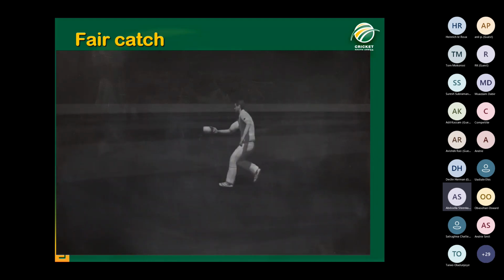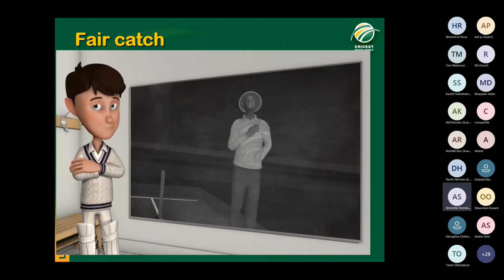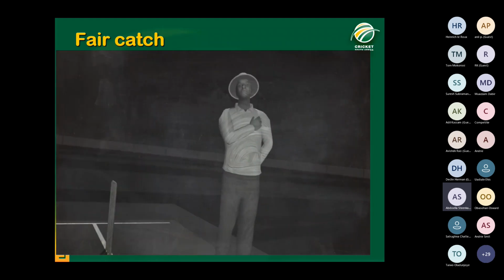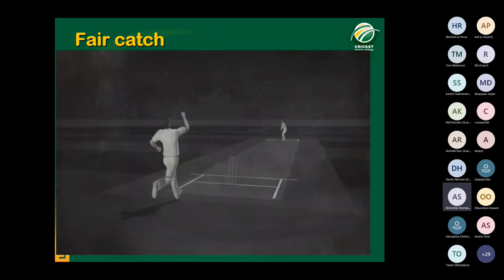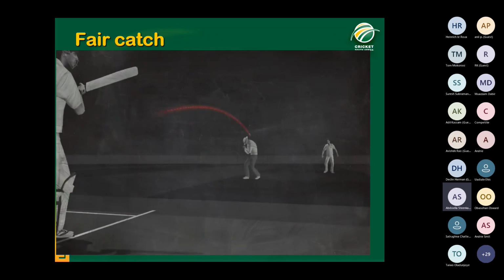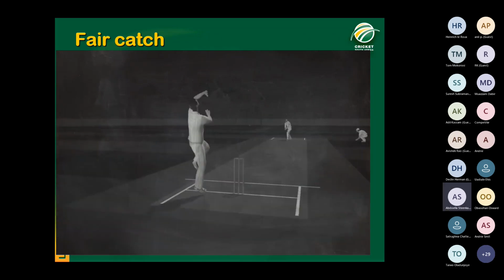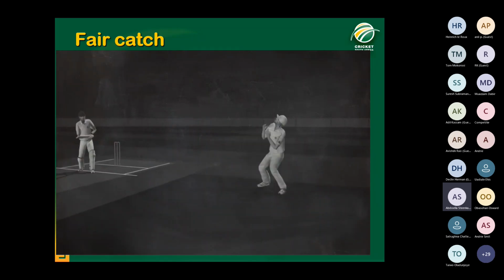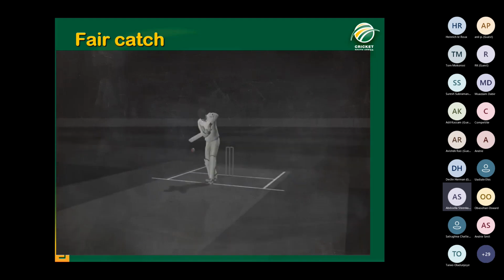If a fielder deliberately uses an item of clothing to try to catch the ball, it is not out, and 5 penalty runs are awarded to the batting side. However, the ball can be caught after it has deflected off the other batsman, an umpire, another fielder, including off a helmet being worn, or even if it lodges in a fielder's helmet.